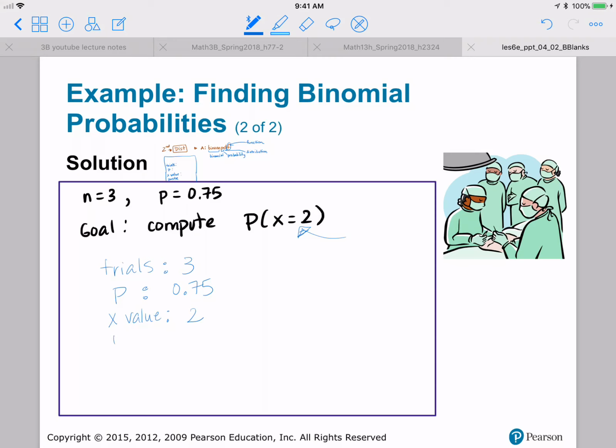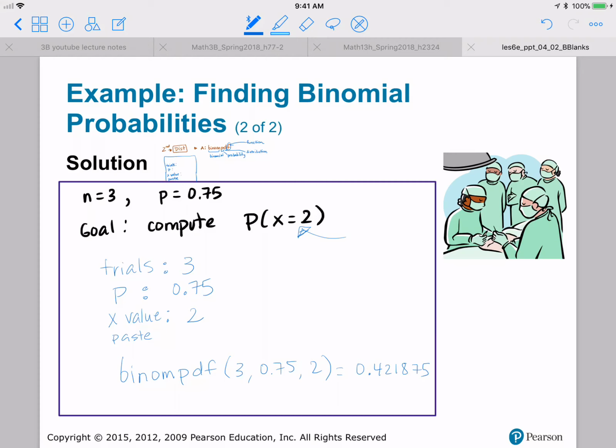Now you click paste, and what should show up, just to confirm, is binom PDF 3, 0.75, 2. Then you hit enter, and you should get the number. I'm getting 0.421875.